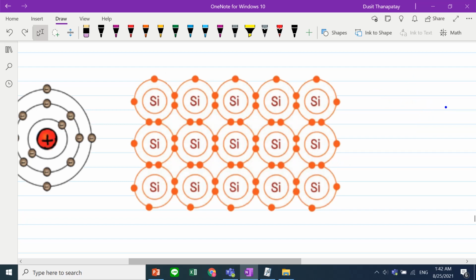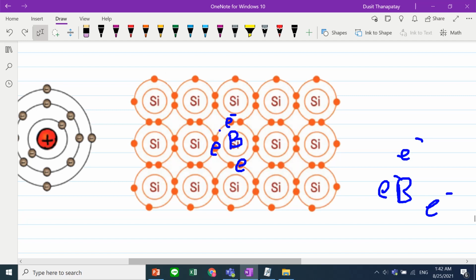By the way, if you dope with group 3, for example, boron. Boron is group 3, I mean boron has 3 valence electrons. When you dope it, there are 1, 2, 3, right? And it bonds with 4 silicon atoms around it.